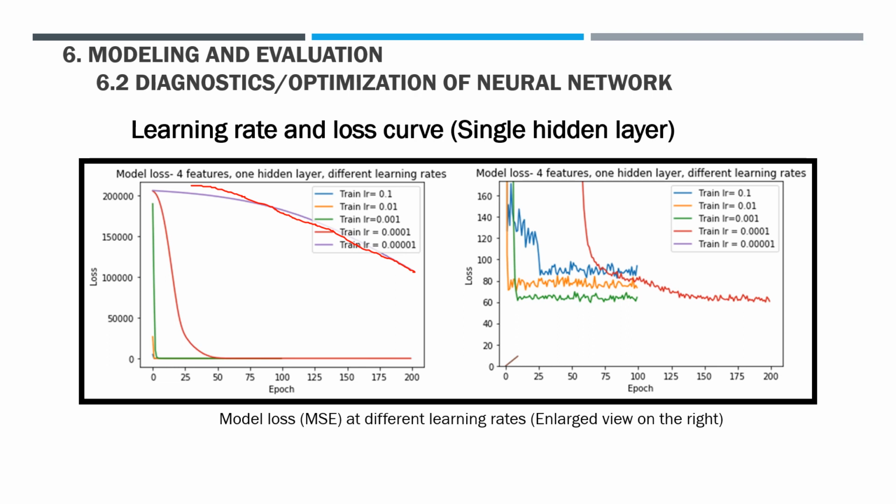To decide which of the other learning rates is the optimum, this part of the plot was enlarged on the right side. Here you can see that the green line, indicative of a learning rate of 0.0001, is converging with better accuracy than the learning rates of 0.01 or 0.1.